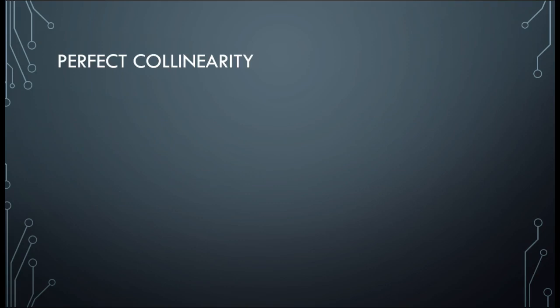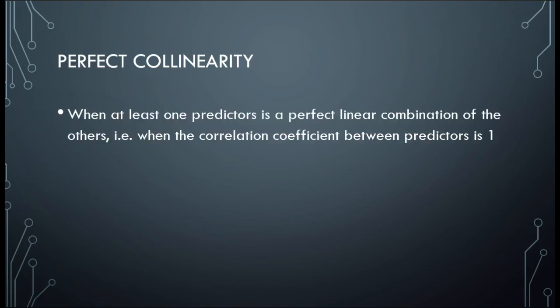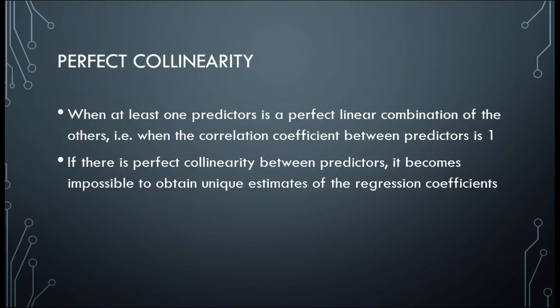So there's also the concept of perfect collinearity, which is when your predictors are very, very closely related. So when that correlation coefficient is approaching 1 or is equal to 1. Perfect collinearity is when the correlation coefficient is actually 1. And the problem is that if there is a perfect collinearity between predictors, it is really not possible to obtain a unique estimate of the regression coefficients.